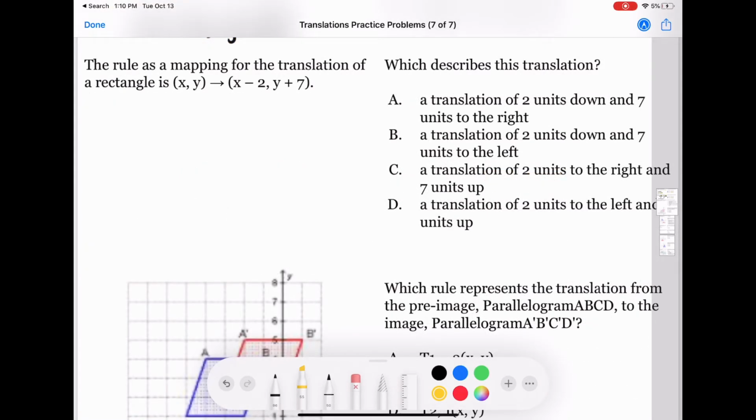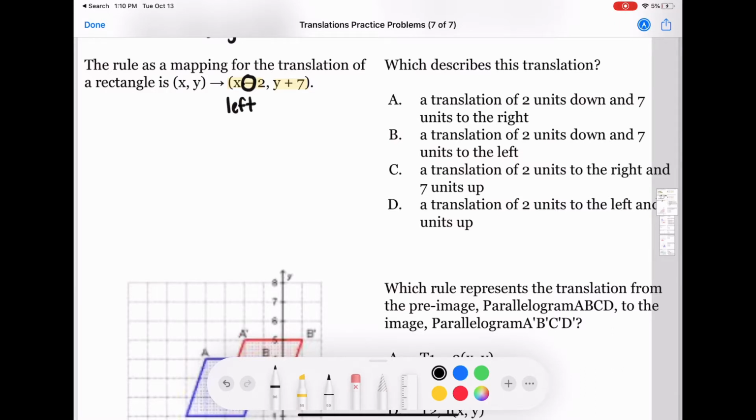Let's look at another type of problem that we might encounter. Sometimes we might be given the mapping rule right away. As you can see, the problem states that the rule as a mapping for the translation of a rectangle is x - 2 and y + 7. Well, we know that when we have an x minus something, we are to move to the left.